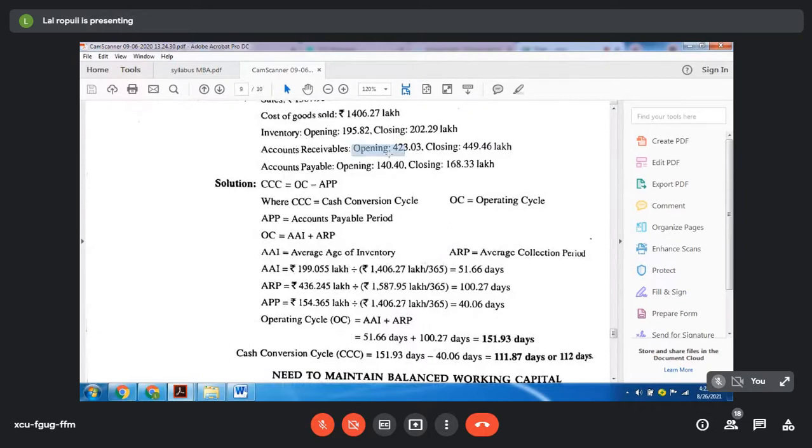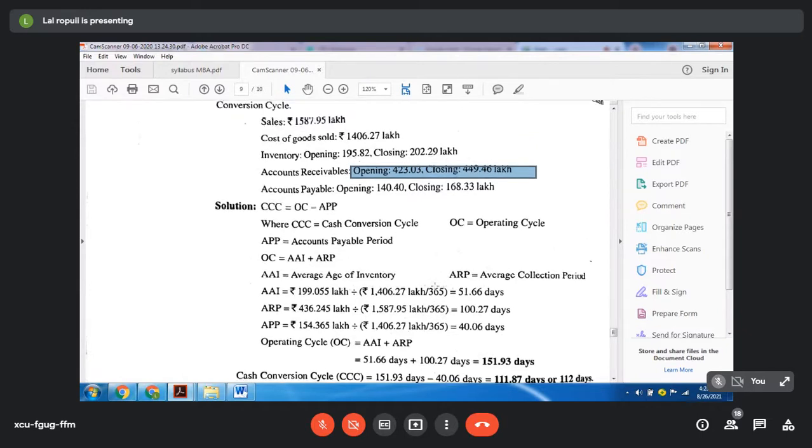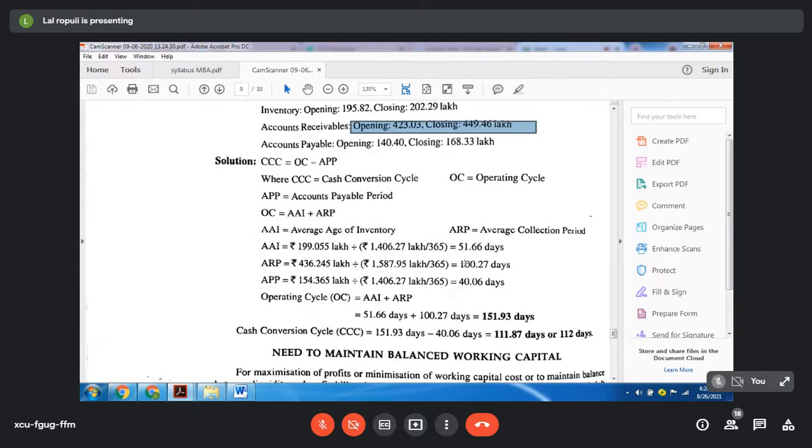Average accounts receivable, we take opening plus closing divided by 2, which is 436 lakh, divided by sales divided by 365 days. So the average accounts receivable period is normally within 100 days that we realize cash back from the customer. This particular company realized their cash back within 100 days.